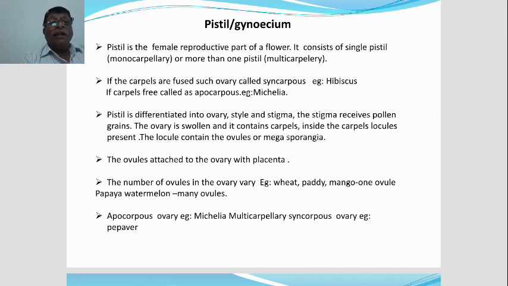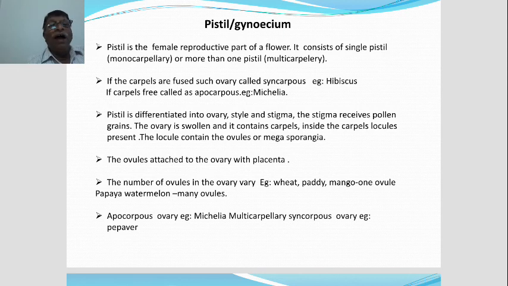In plants like Michelia, means sampige, the carpels are many. That is what we call multicarpellary. But the carpels are free.